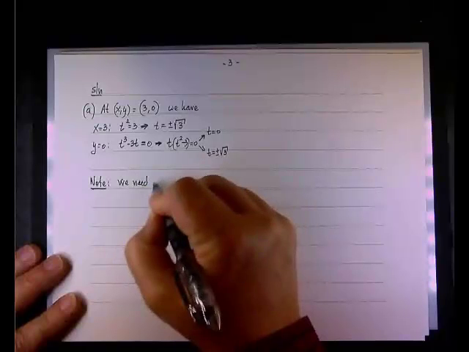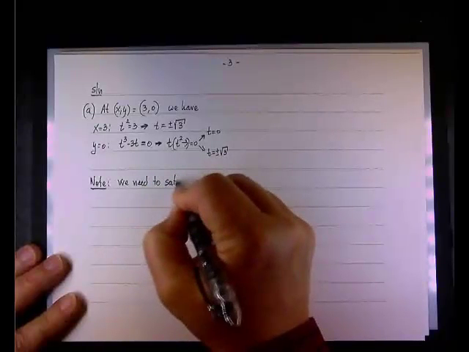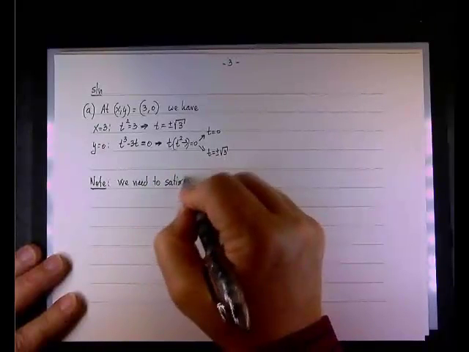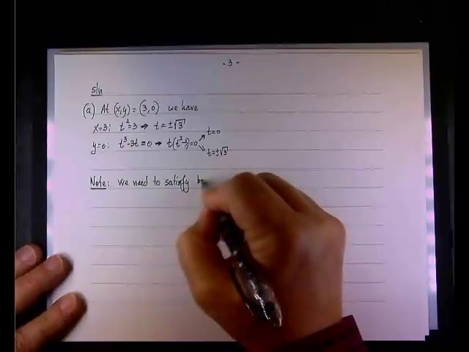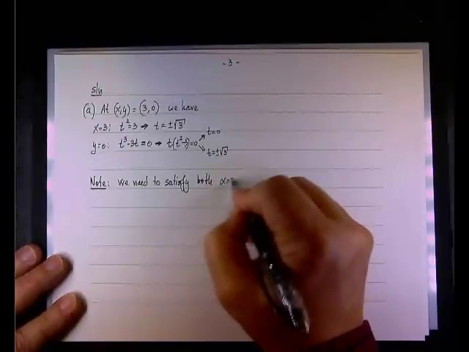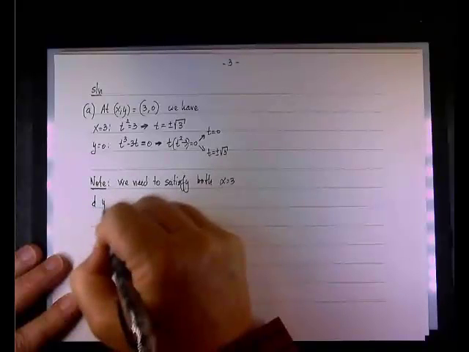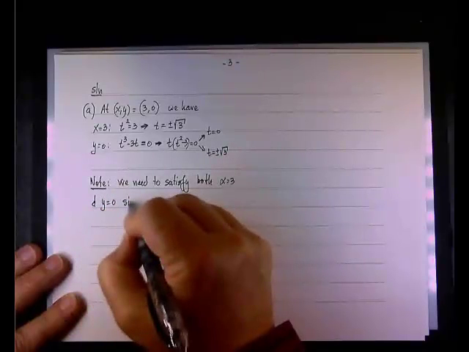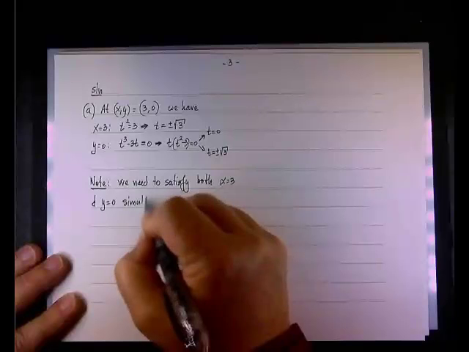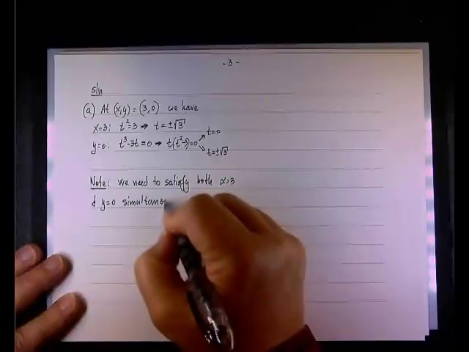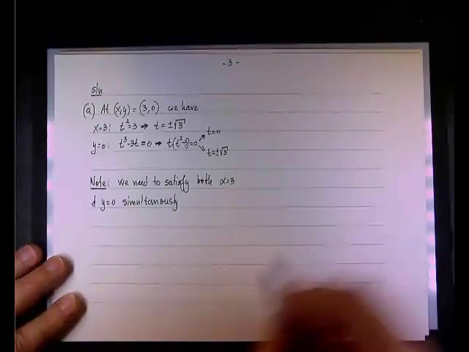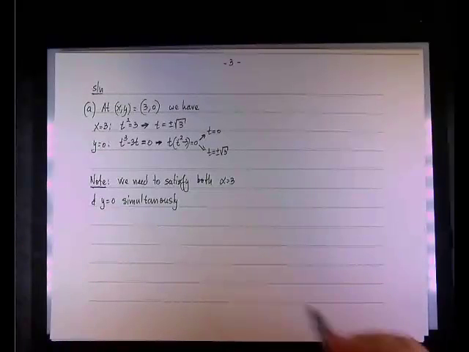So here's a note. We need to satisfy both x equals 3 and y equals 0 simultaneously.